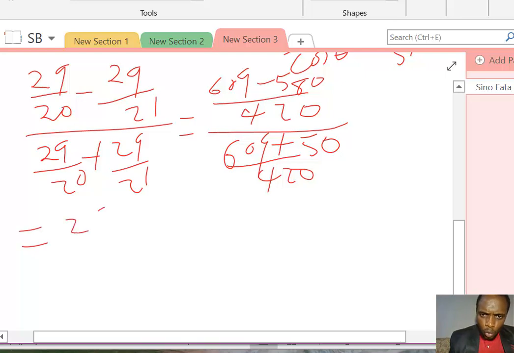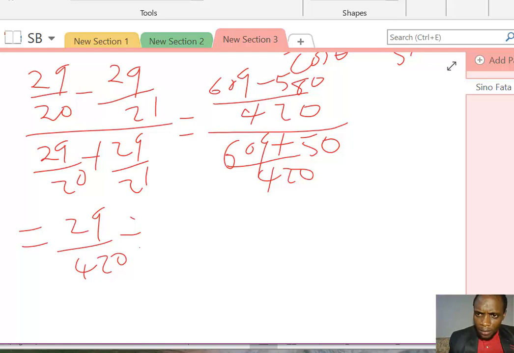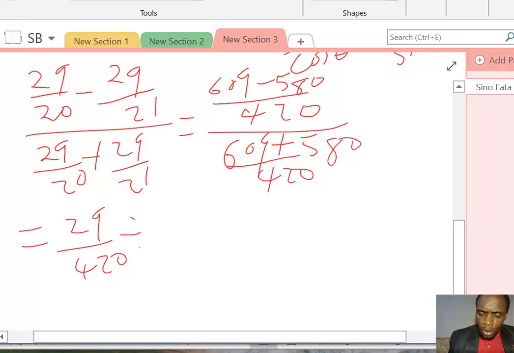Punch your calculator, please. 29 over 420 divided by, use normal division, 609 plus 580. So 609 plus 580 will give us 1,189 all over 420.